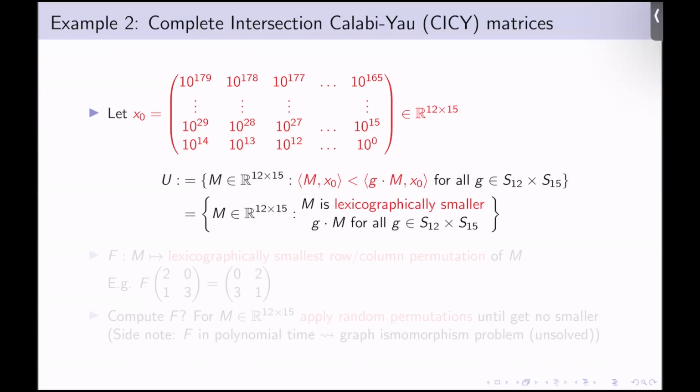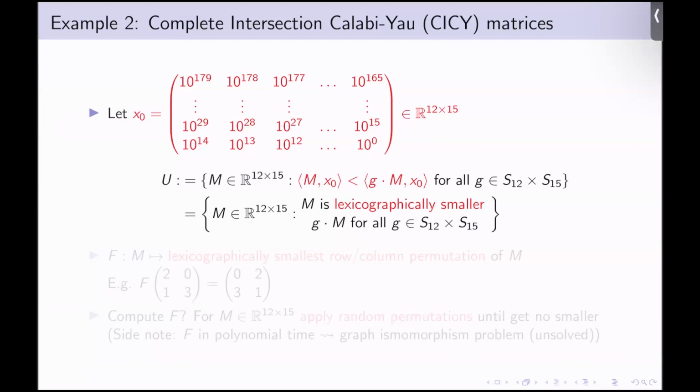Now, if you were to ever compute this inner product of any matrix M with this x0 on a computer, it would be horrible, of course, because 10 to the 179 is such a big number. It would be extremely annoying to compute. But the nice thing is you can rewrite this as follows.